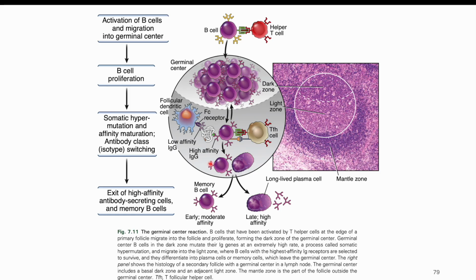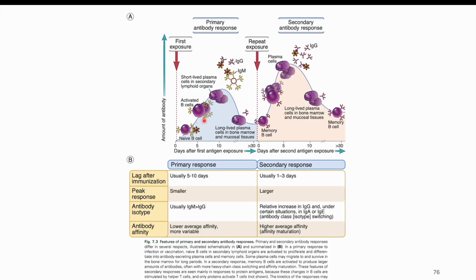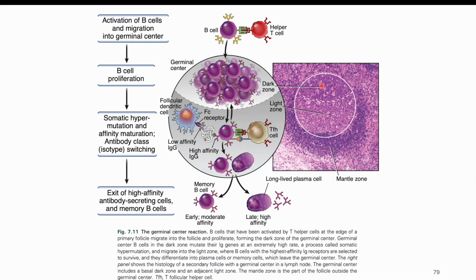It should only recognize the foreign antigen, which is shown here, foreign antigen with higher specificity, and then these antibodies will be secreted into the serum, and this we talked about here. Once the antibody is there in the serum, then you will get all these responses, the primary response and the secondary response. Okay, I hope this makes a little bit more sense now when we are revising it and going through it.